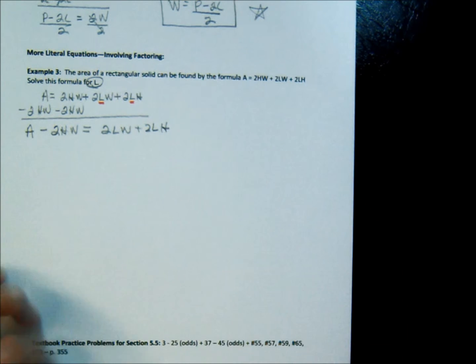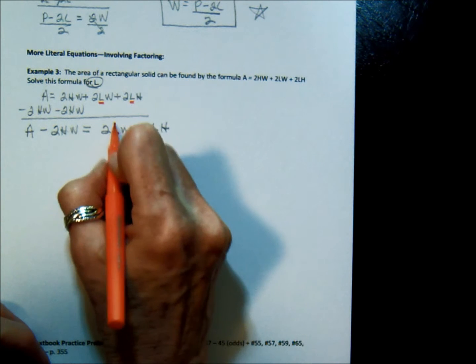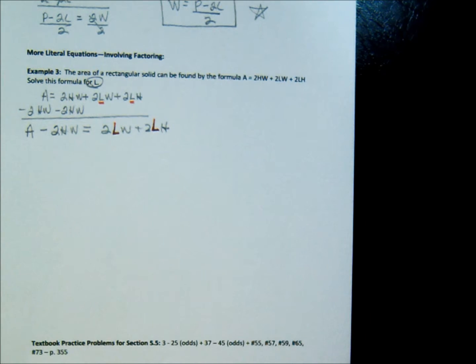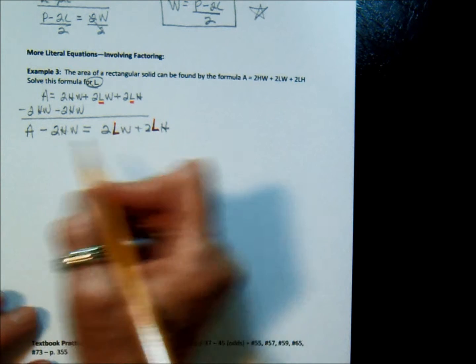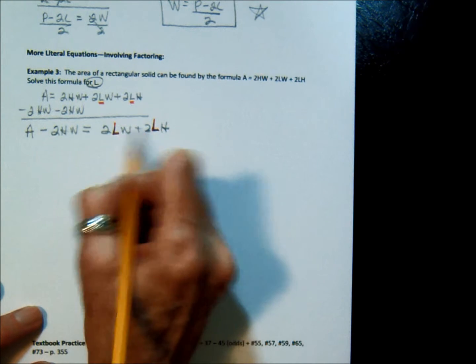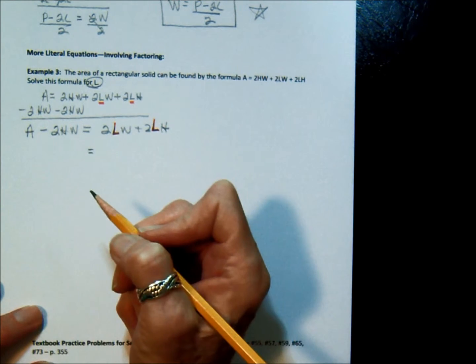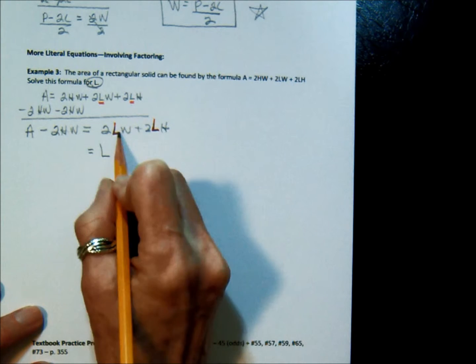And now we still have a problem because the variable that I'm looking for right there in orange, there's two of them. And I need to go from having two down to just having one so that I can then divide by its coefficient. So how do we do that? Well, the way that you do that is you factor that variable out of the right-hand side. So factoring out an L as the GCF.